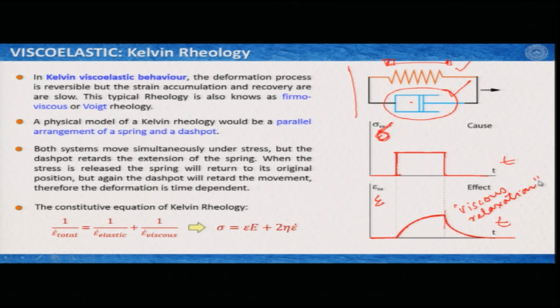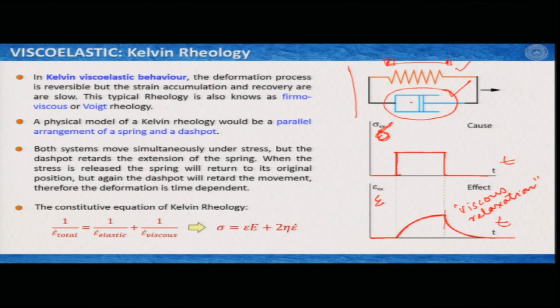Viscous relaxation has many applications in structural geology and geodynamics. We will not go into that part, but just remember that when you are dealing with Kelvin rheology, the release of strain after the load is gone is nonlinear and extremely slow, and it is known as viscous relaxation.